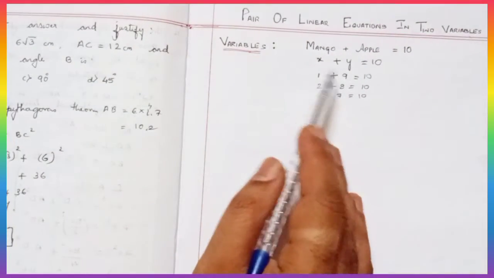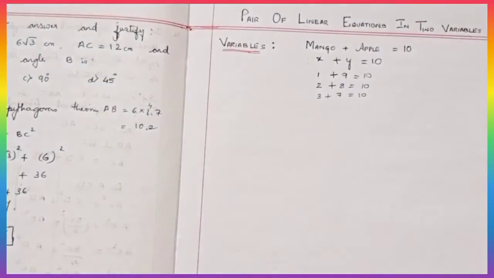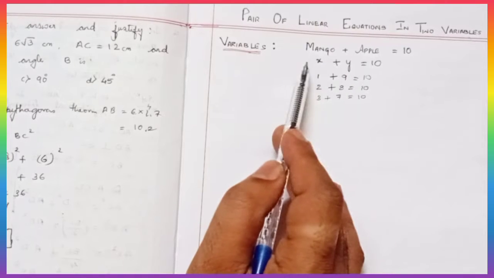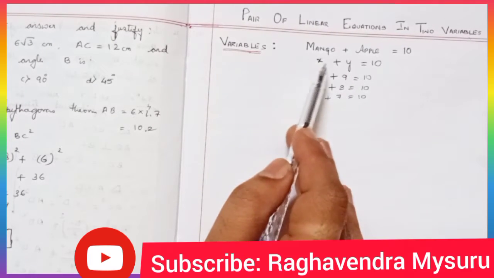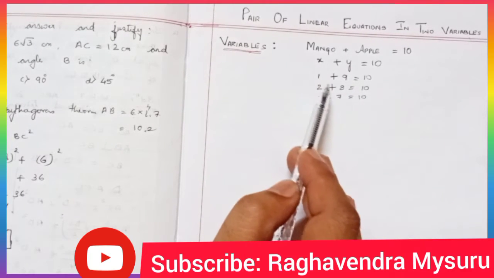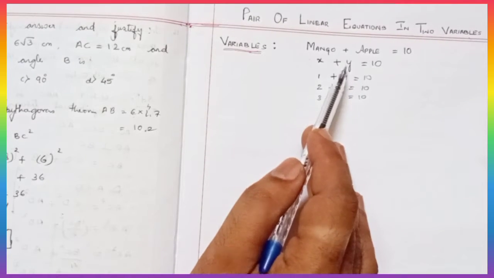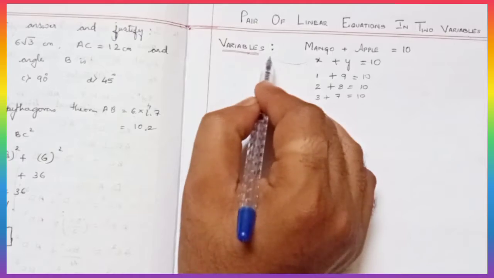So both are interdependent on one another. That is why these are called variables. These small alphabets are called variables, so that we can change the value of one to find out the value of another. I hope you have understood what we mean by variables.